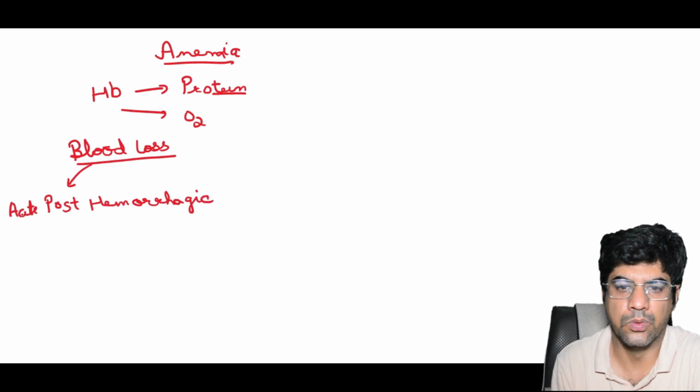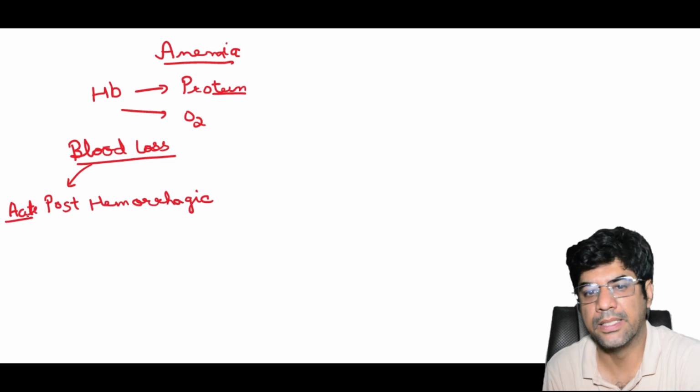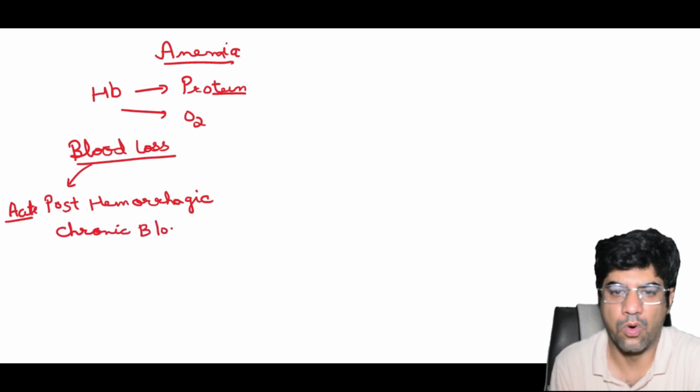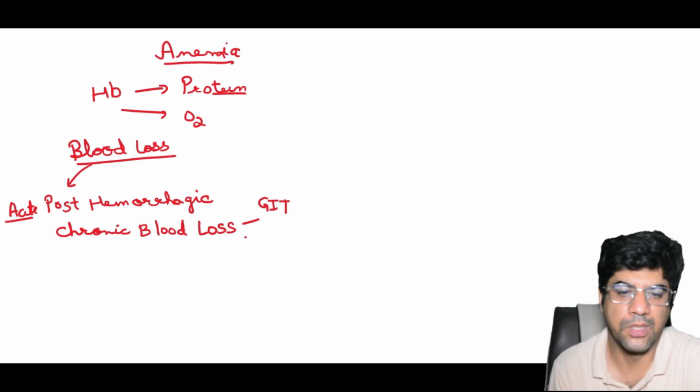That can occur due to blood loss from a traumatic injury or surgery, or anemia of chronic blood loss that develops over time, like GIT bleeding or heavy menstrual periods.